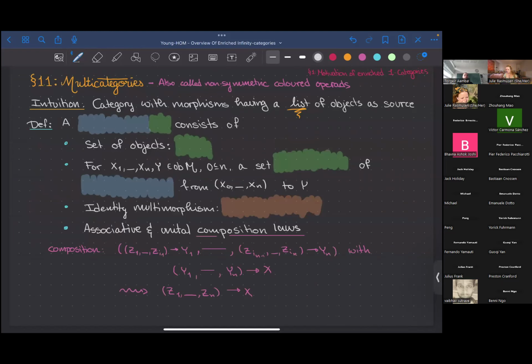So multi-categories, which are also known as non-symmetric colored operads, can be thought of as categories with morphisms having a list of objects as the source.